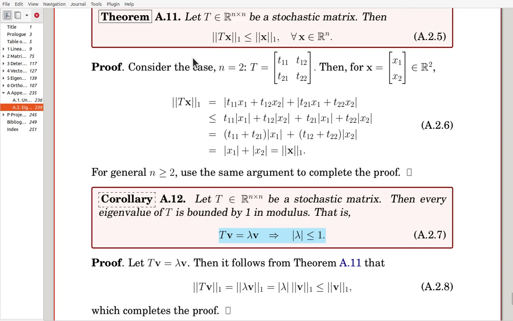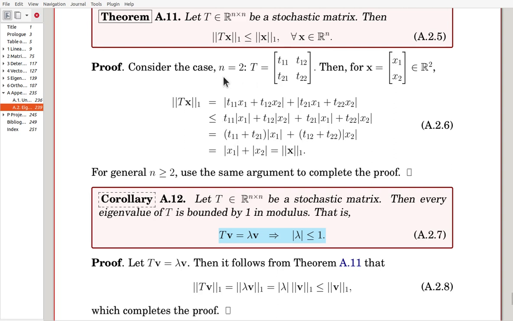If T is a stochastic matrix, then for arbitrary choice x in Rn, the 1-norm of Tx is bounded by the 1-norm of x. We can prove it when n equals 2, and the argument can be generalized.